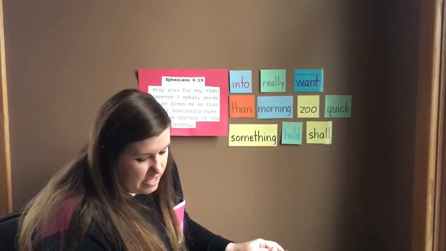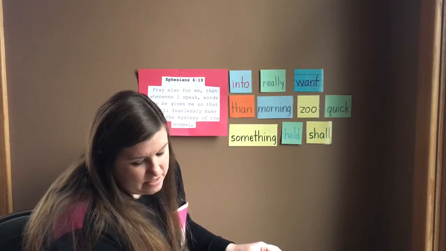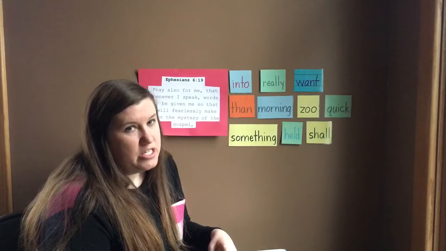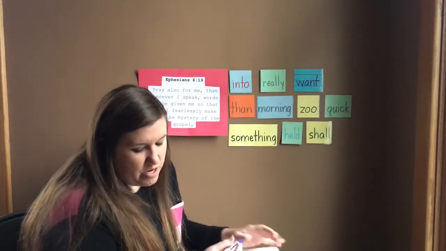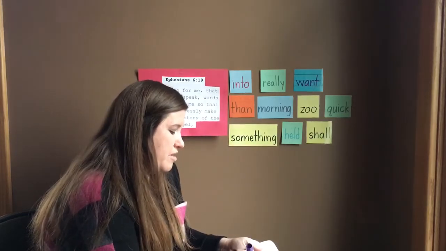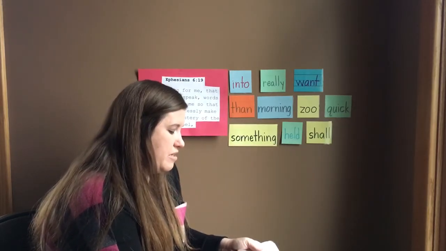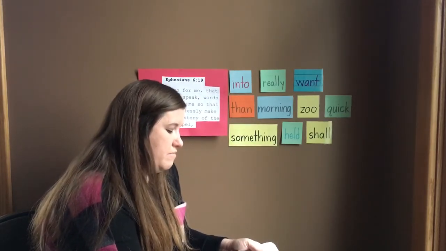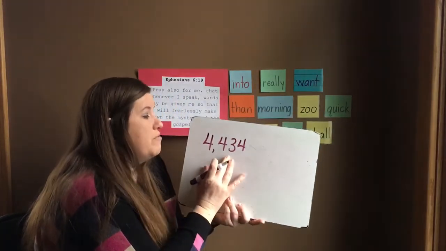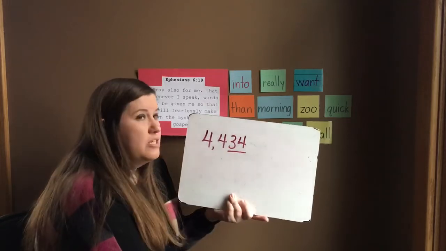If you're counting by tens, you're only changing the tens. So if we were going to count by 10, 4,434. If we were to count by tens, we only really need to look at these.